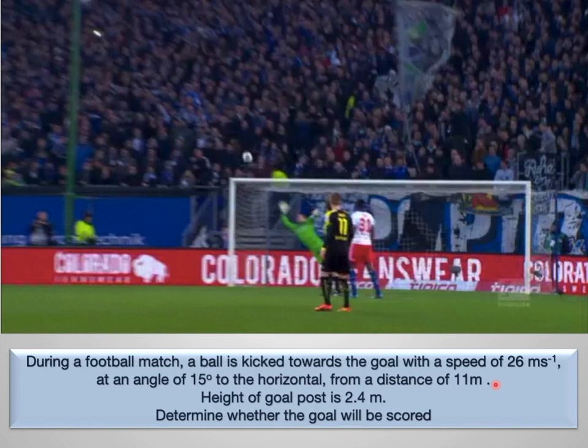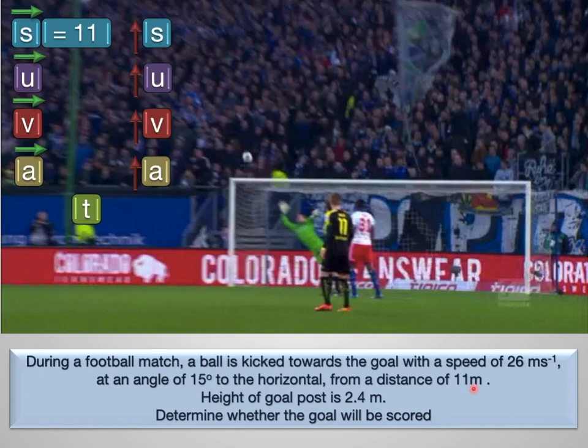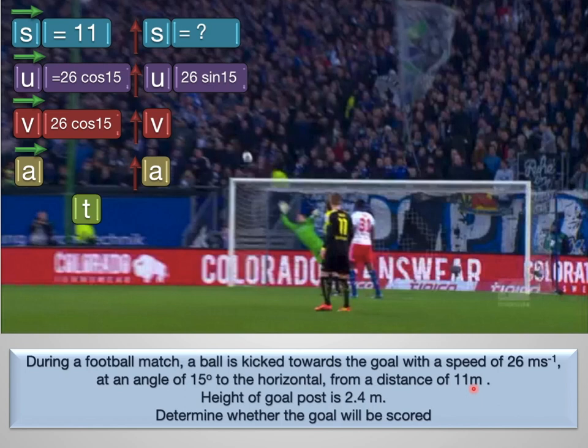What I'm going to find is the time taken to travel 11 meter, and in that time where is the ball vertically. 11 meter it travels horizontally, so vertical height I'm going to find. Initial horizontal is the cos component and initial vertical is the sine component of the velocity. Final horizontal will be exactly same as initial, but final vertical I don't know because it is not a symmetrical path, so I can't take the negative value or anything.